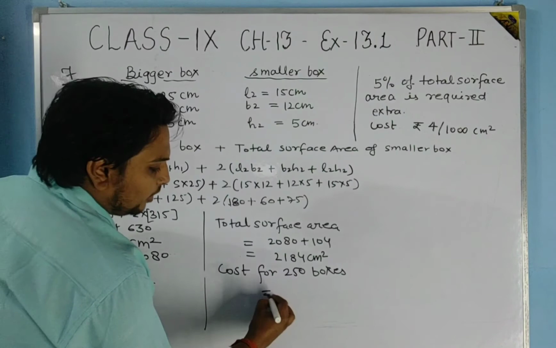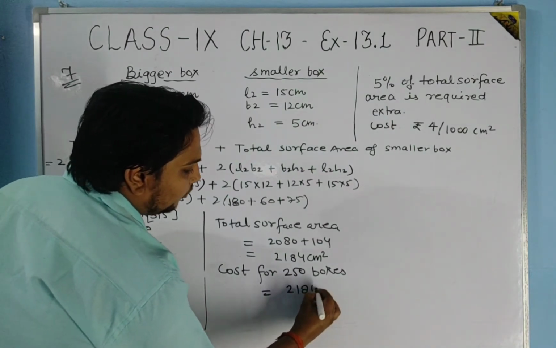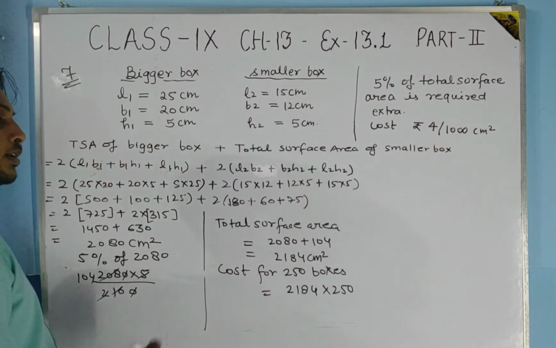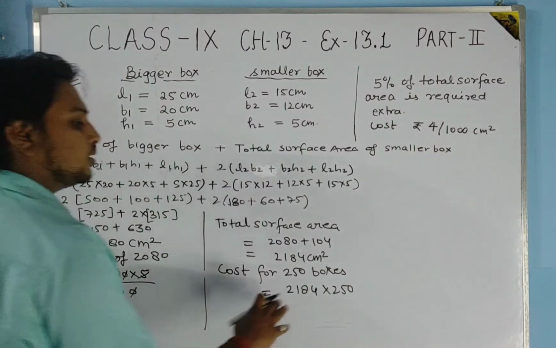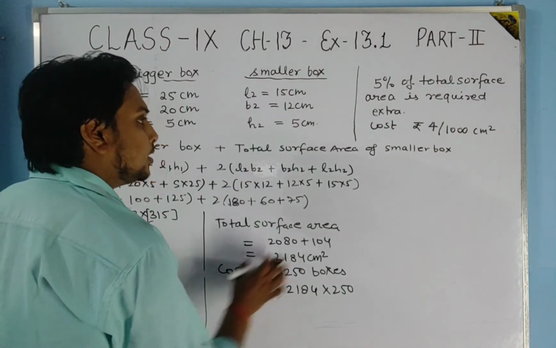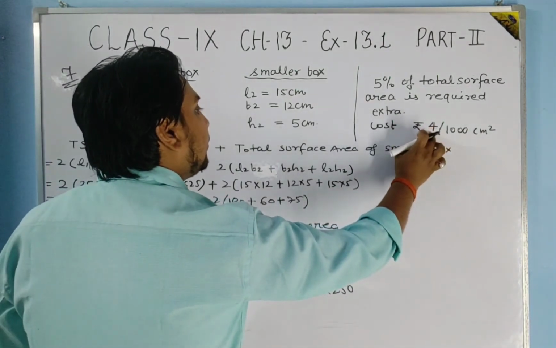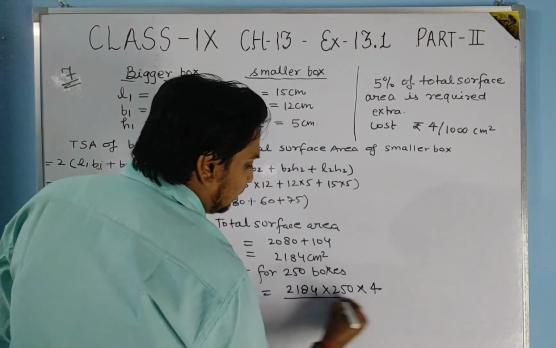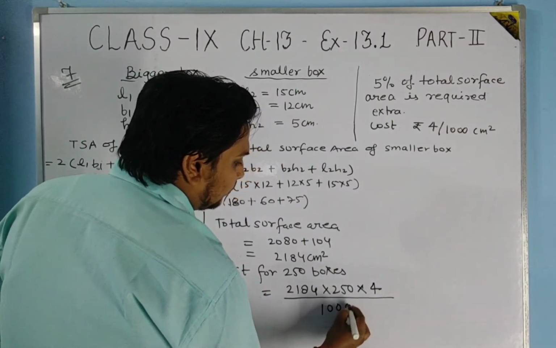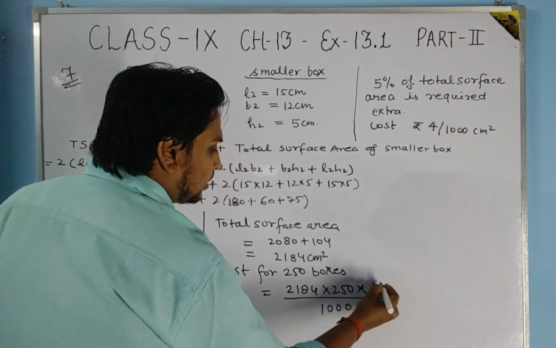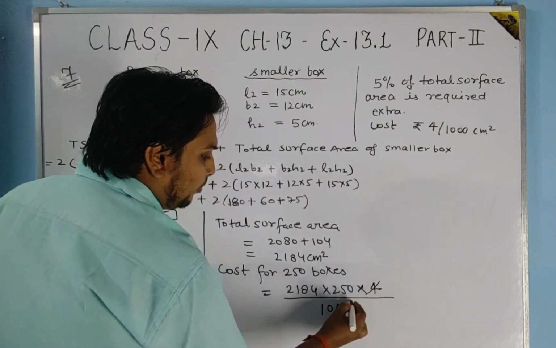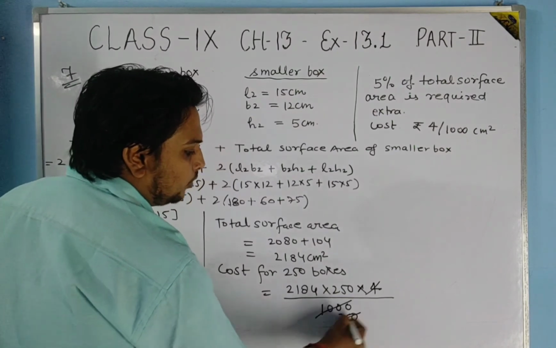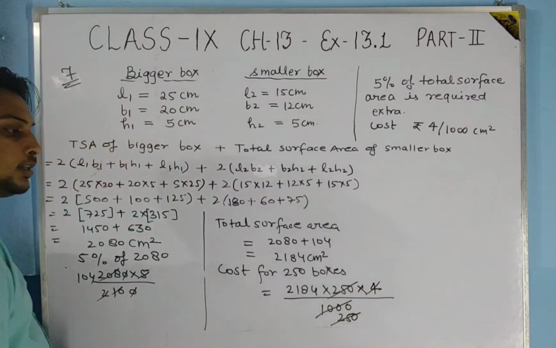So we have to multiply this 2184 into 250 to find the surface area of the 250 boxes, and for cost we have to multiply it by 4 upon 1000. Okay, so you can see students that 4 will divide this 1000 in 250 times, and 250 and 250 will be cancelled out.